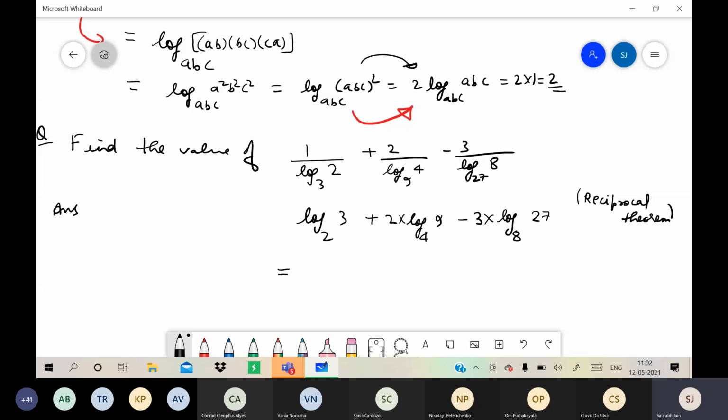So what we will do, we will try to change every term to the same base. If you see, the bases are 2, 4 and 8.